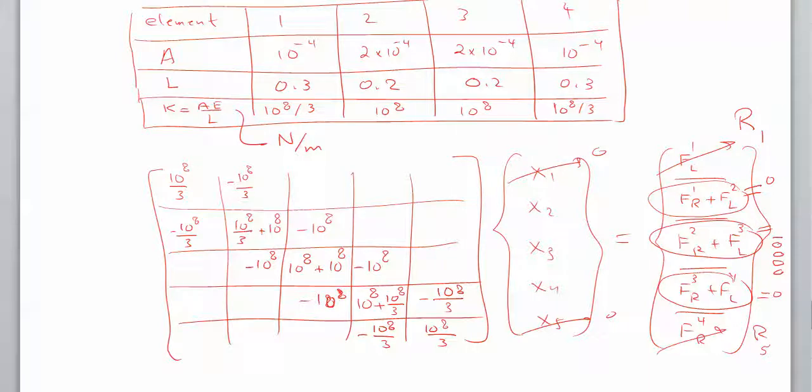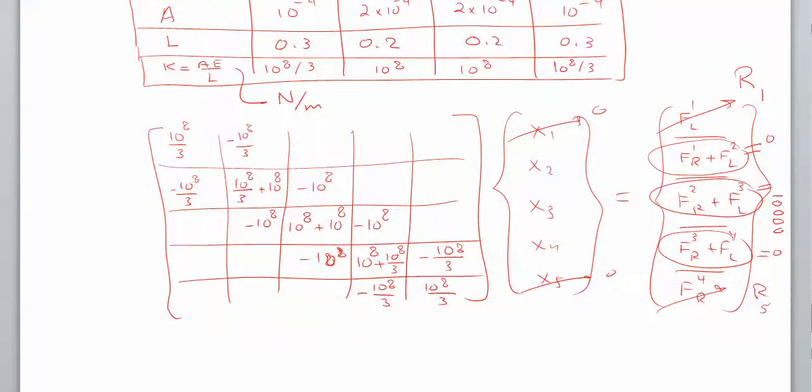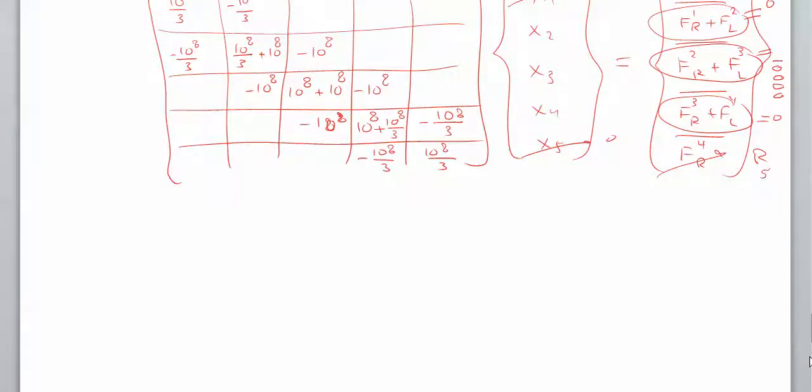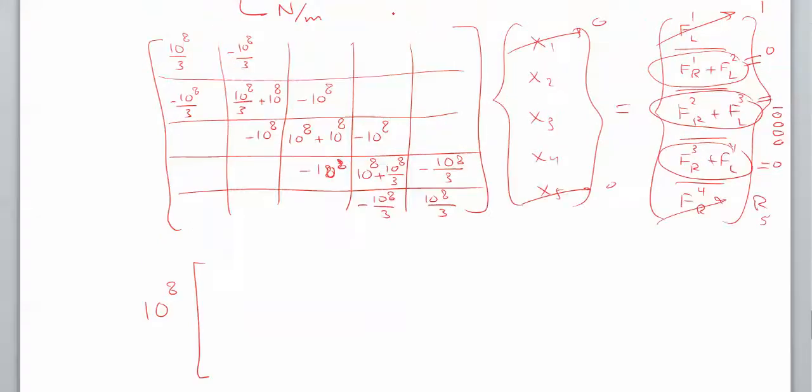So let us write this in a more efficient way. Our matrix equation is going to look like this. We're going to take the 10 to the 8 out. If I look at the reduced matrix, it means that you just look at this 3 by 3 block right there, because after all, we're trying to solve this equation.